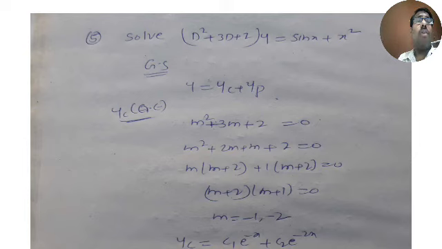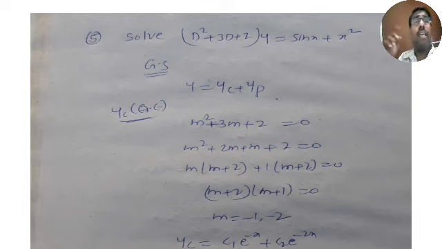So, first of all, let us start. So right hand side is non-zero, means it is non-homogeneous. Once it is non-homogeneous, the general solution is yc plus yp.